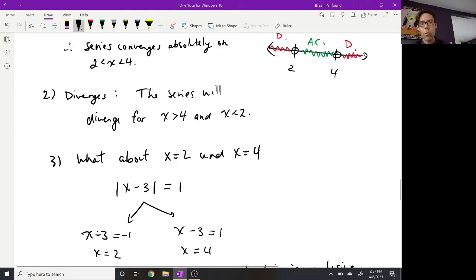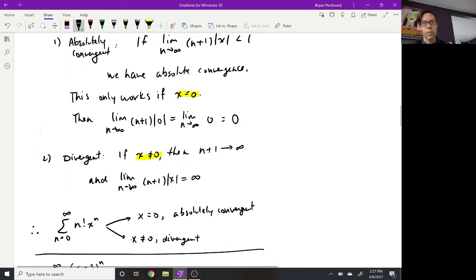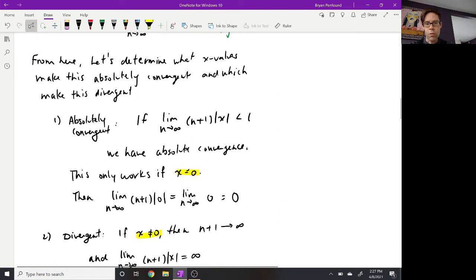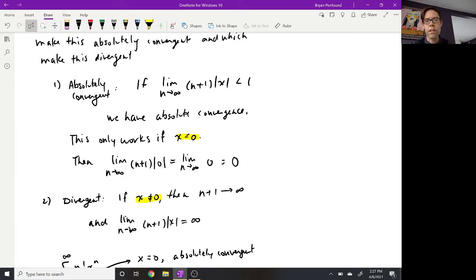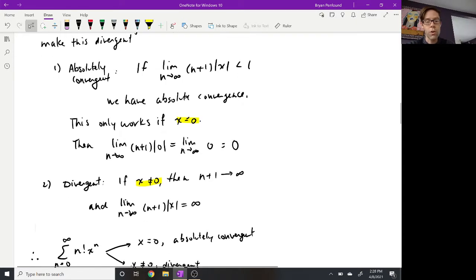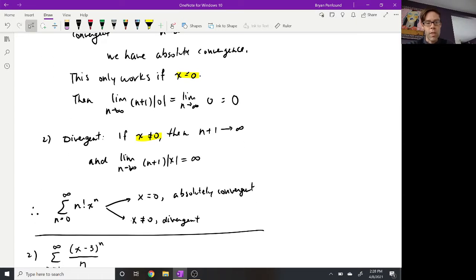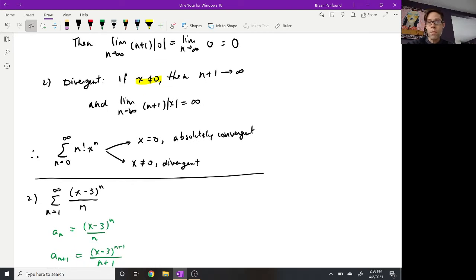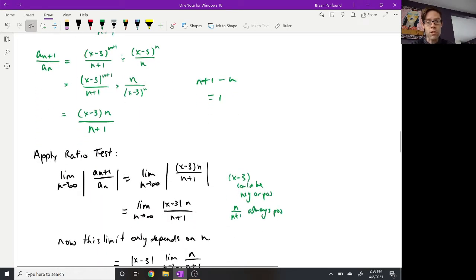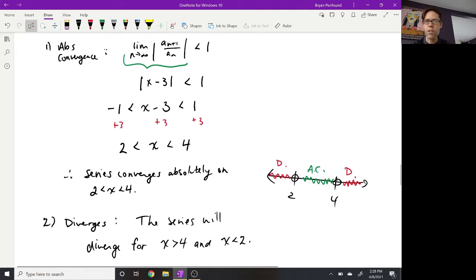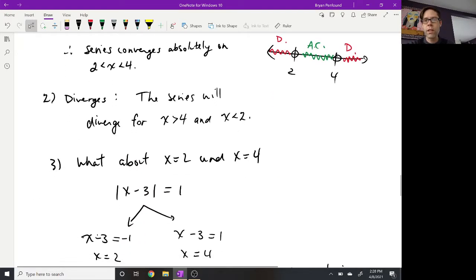If we were to scroll back up to our first example, basically the only way that it was going to be absolutely convergent was right at x is equal to 0. Other than that, this limit was tending towards infinity and we were kind of hosed. That's why there's so much work involved with some of these power series, because sometimes we do get a full interval that we have to consider, and the endpoints we have to consider as well.